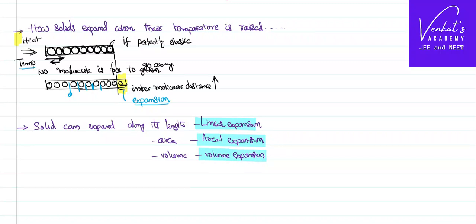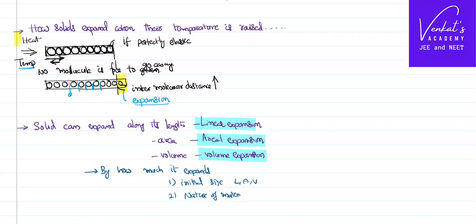By how much a solid expands depends on two factors. It depends on its initial size, like length, area, and volume. It also depends on the nature of that material.